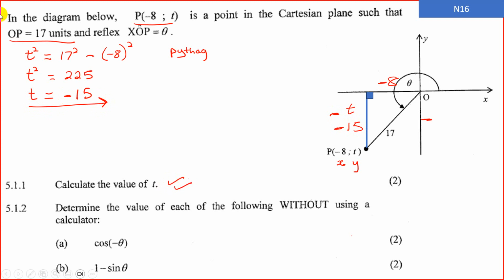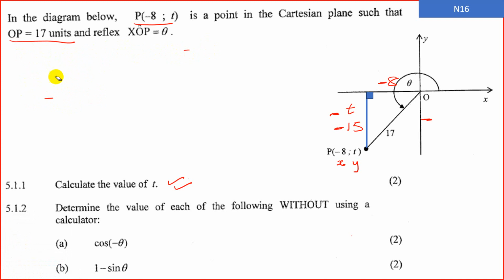We go to the second question. The next question says find cos of negative theta. Remember what we said: whenever we deal with a negative angle, we can add 360, which gives us the fourth quadrant.